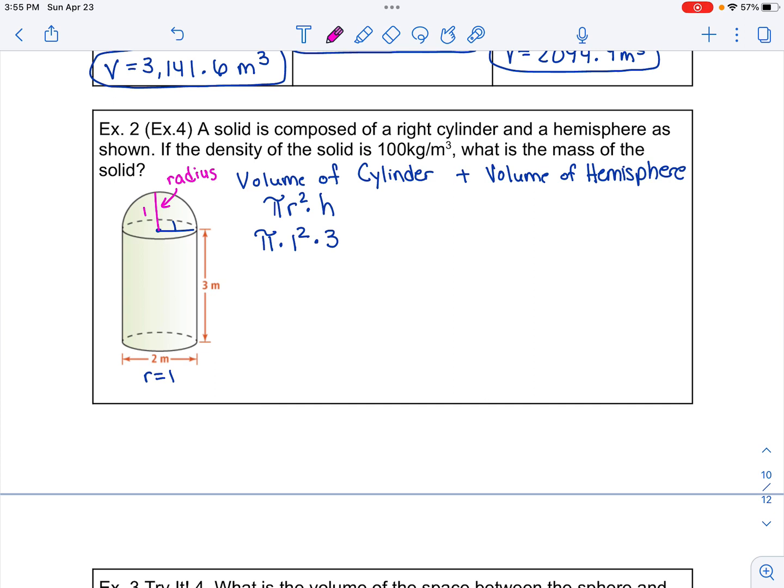So over here on the volume of the hemisphere, we have 4/3 pi r cubed, and then times the height. The height would also be 1 because from the middle to the edge, it's still going to be 1. So that is our height, and then I need to take half of all that because it's only half the sphere.